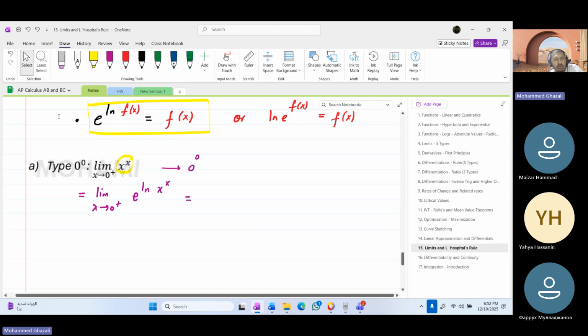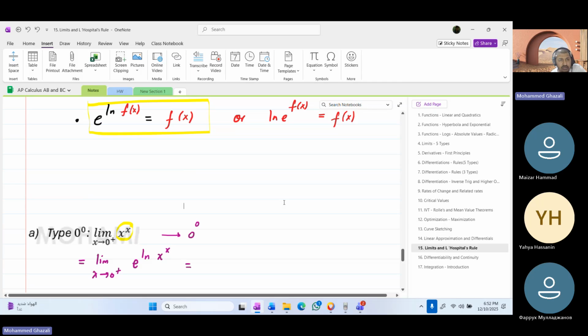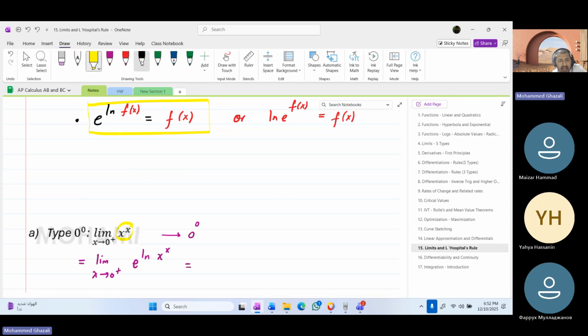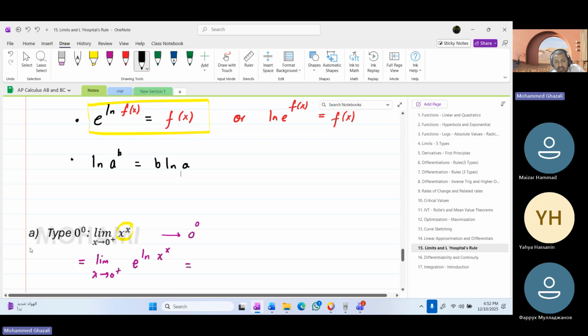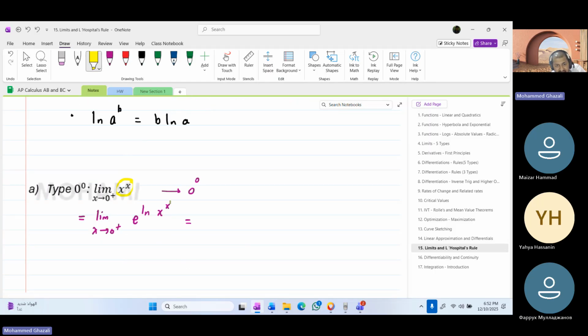Wait, I need to go over some rules because you forgot. Remember, one of the rules you need to know is the ln rule. What happens when we have ln a to the power b? The b goes in front of the ln, so you have b ln a. So that's what we're going to do here. We have x to the power x, so we move this x in front.